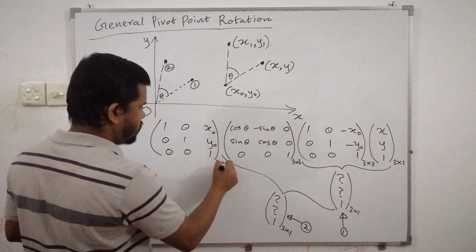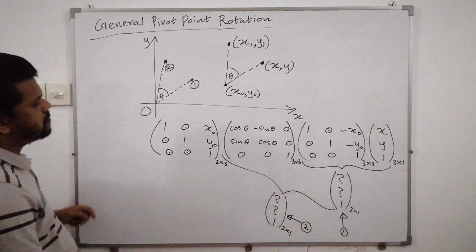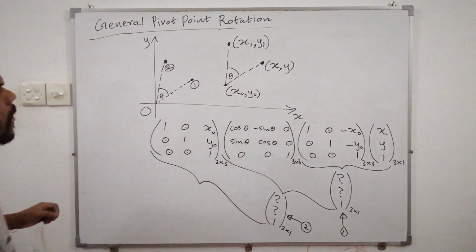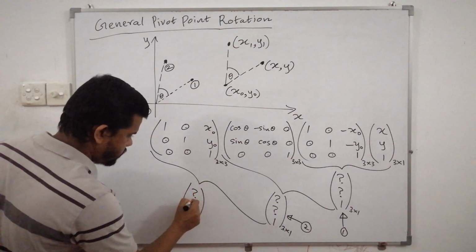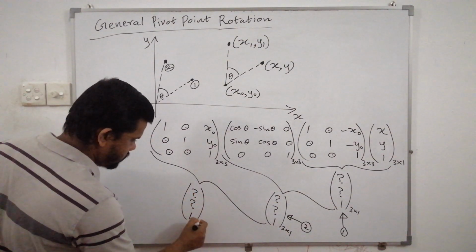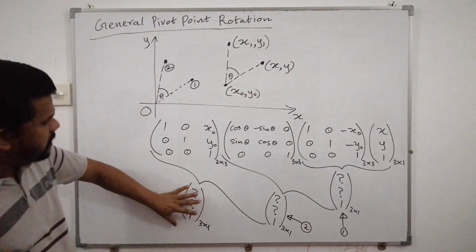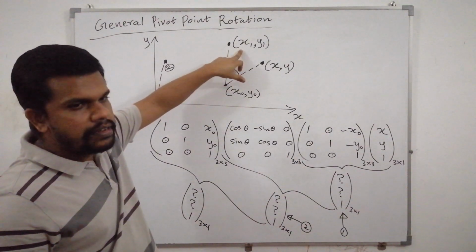This is a 3 cross 3 matrix. Now, if we multiply these two, you get another 3 cross 1 matrix. Actually, this matrix represents this point.